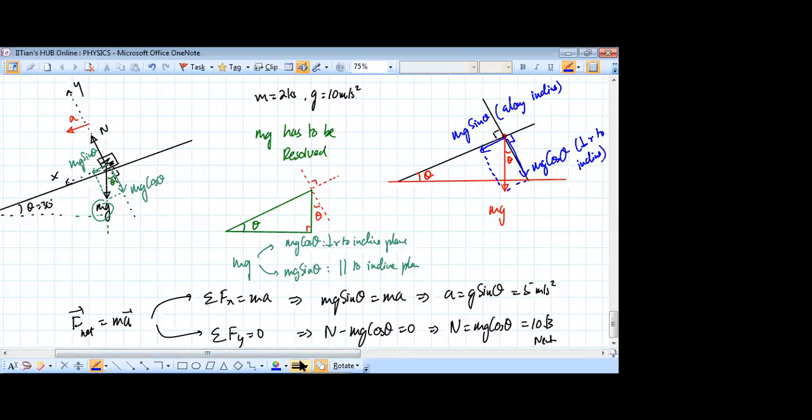This is a very critical thing in the case of anything moving along an inclined plane.